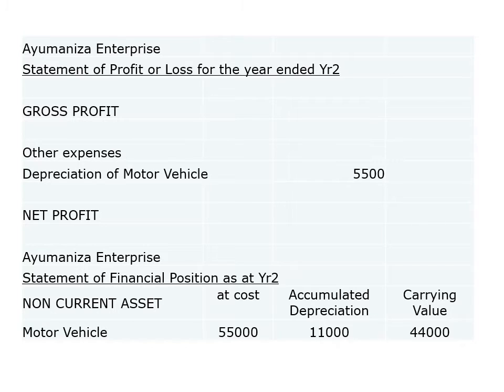So your motor vehicle at cost, meaning when you bought that motor vehicle, is 55,000, and by year 2, 11,000 has been assumed depreciated in value. So your carrying amount, or the estimated value currently in year 2, is 44,000 for your motor vehicle.